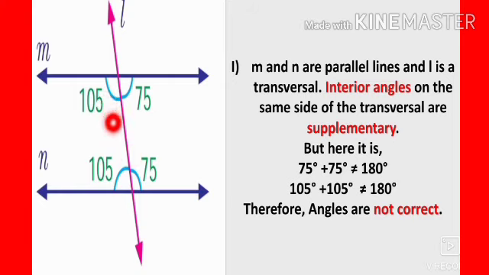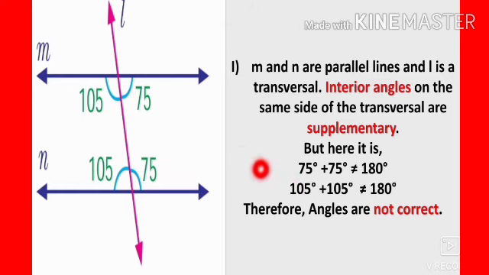Here 105 degree and 105 degree. So we know that when two parallel lines are cut by a transversal, each pair of interior angles that lie on the same side of the transversal are supplementary. Supplementary means when we add these two angles it equals 180 degree, and when we add these two angles it equals 180 degree. So now let's check whether it is equal to 180 or not.